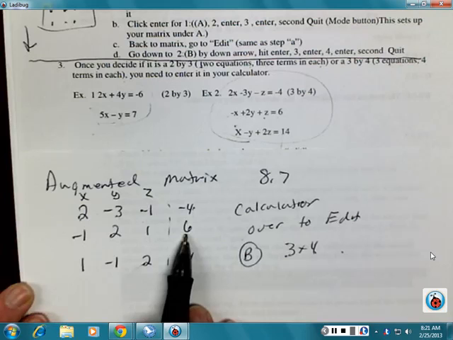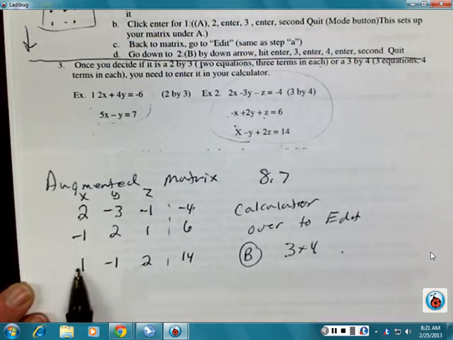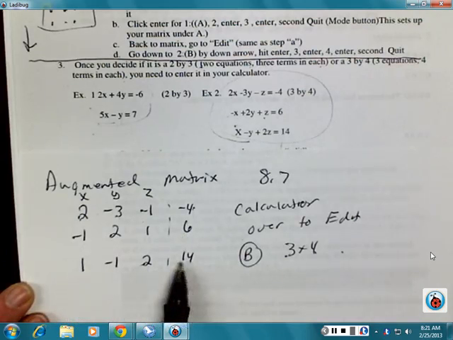Okay, so you have 2 lines in there. You got that in there? Okay. Then you'll go 1, enter, -1, enter, 2, enter, 14, enter. Okay, got that in there? All right. Now, before you ever do anything else with these, I can't stress this enough, go back and make sure you entered them correctly.